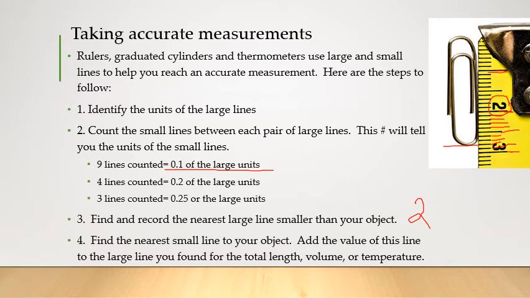Then we need to line up the nearest small line to our paperclip. So 1, 2, 3, 4, 5, 6, 7, 8. So our paperclip lines up with 8. So the length would be 2.8 inches.